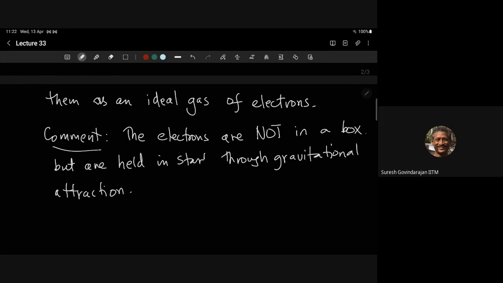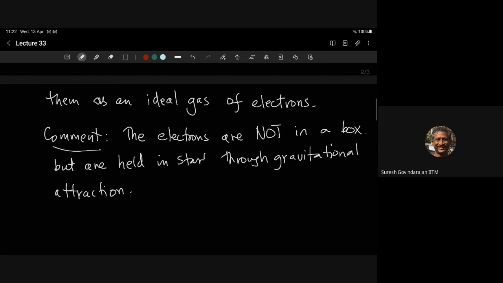So gravity is actually playing the role of the box. And so if you assume spherical symmetry, gravity should set the size of the star, and that's what we want to do. And so that's the goal.